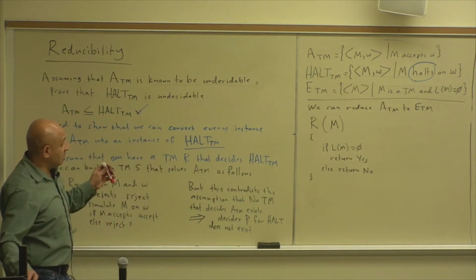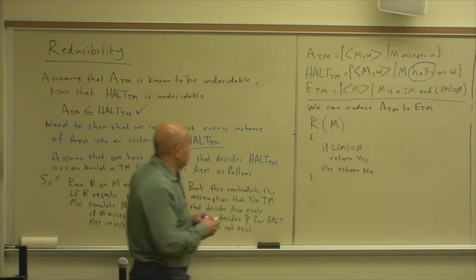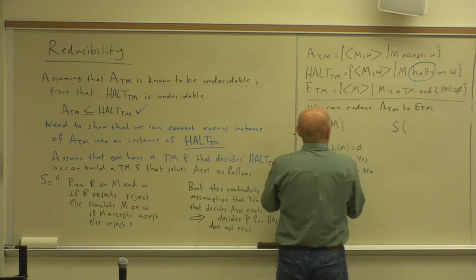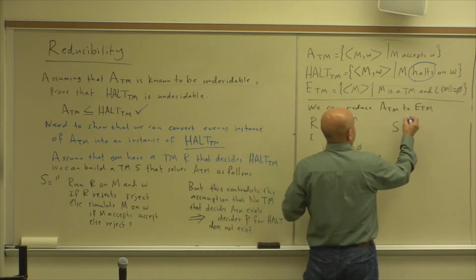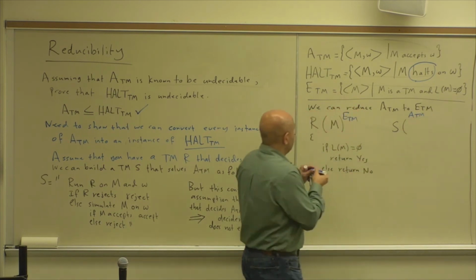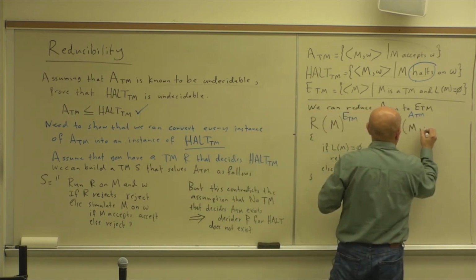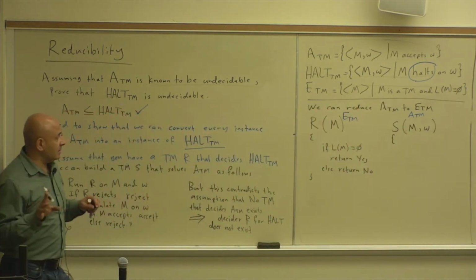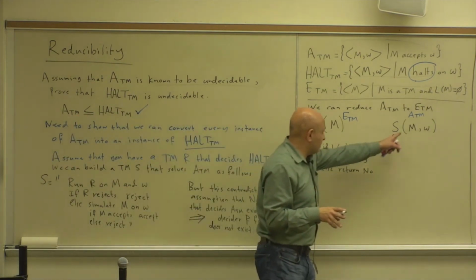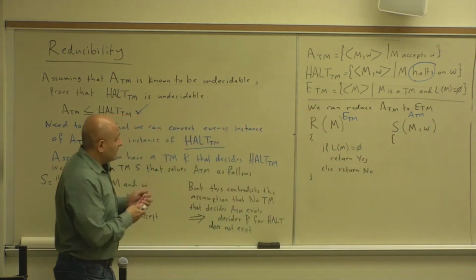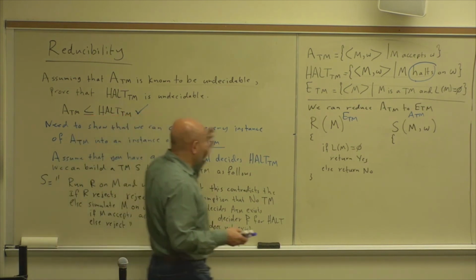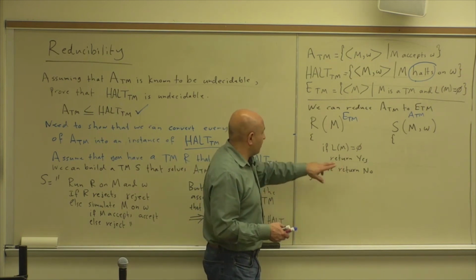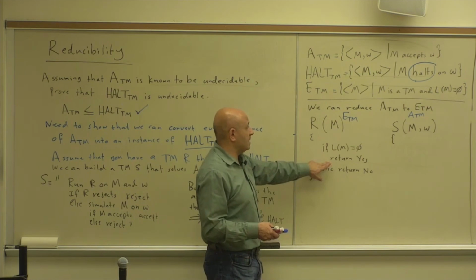So how can we use this to solve ATM, the acceptance? S. So this is ETM, and this is ATM. So this takes M and W. Now this is where we need to transform M into another machine, because if we call R and it says yes, what should we do?